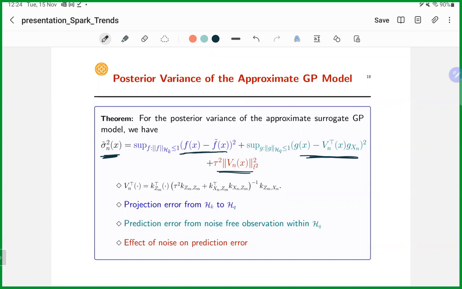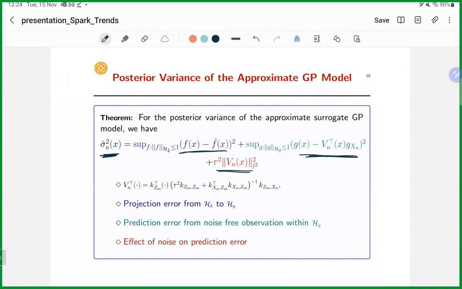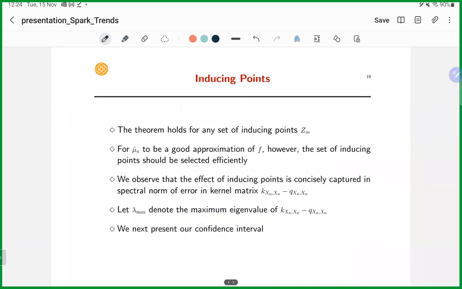So our theorem is a decomposition of the posterior variance into 3 terms: the projection error, prediction error from noise-free observations, and the effect of noise. This is a very useful theoretical tool that leads us to some other important results.